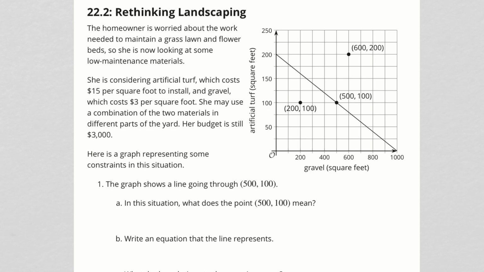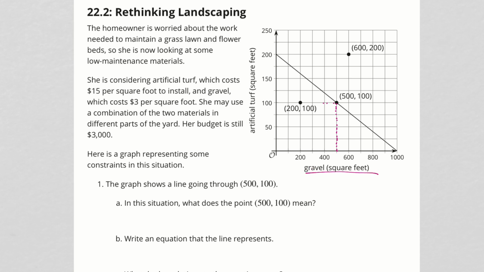The graph shows a line going through 500, 100. So, in this situation, what does the point 500, 100 mean? I'm going to go over to my dot.